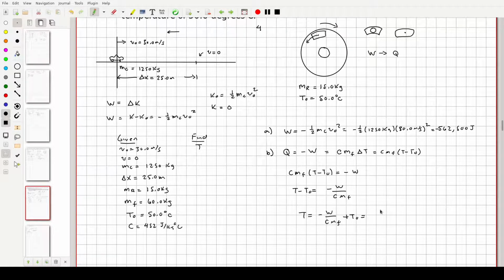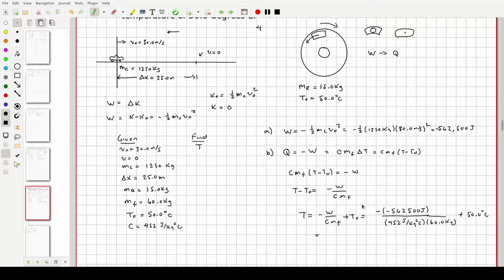And now let's plug stuff in. So C was 452 joules per kilogram degrees Celsius. The mass, 60.0 kilograms. And then I have to add my temperature in. That is 50.0 degrees Celsius.